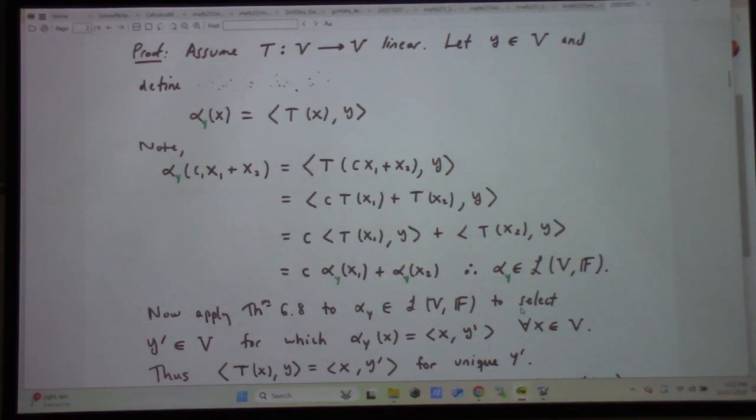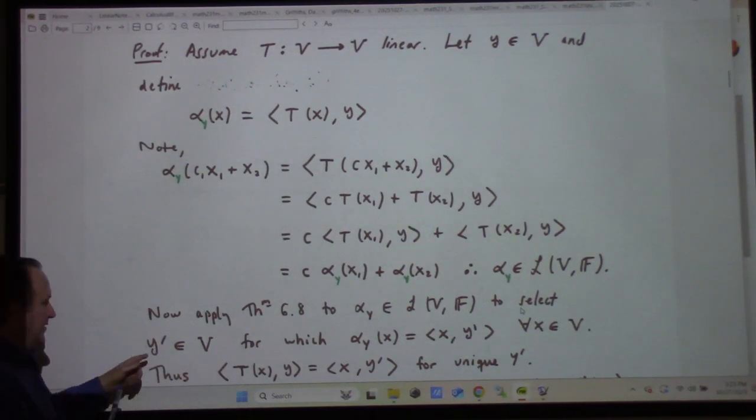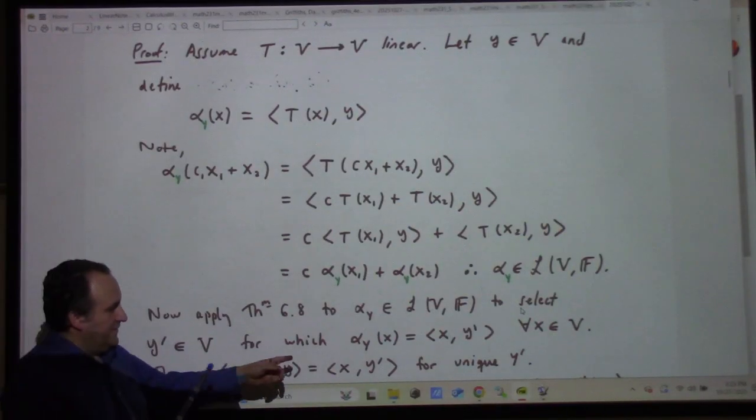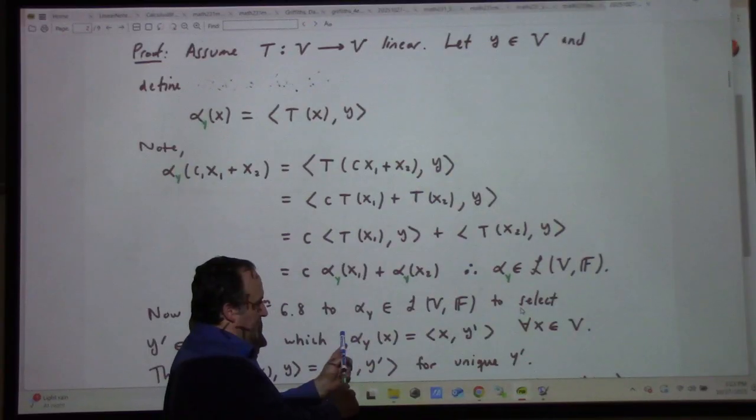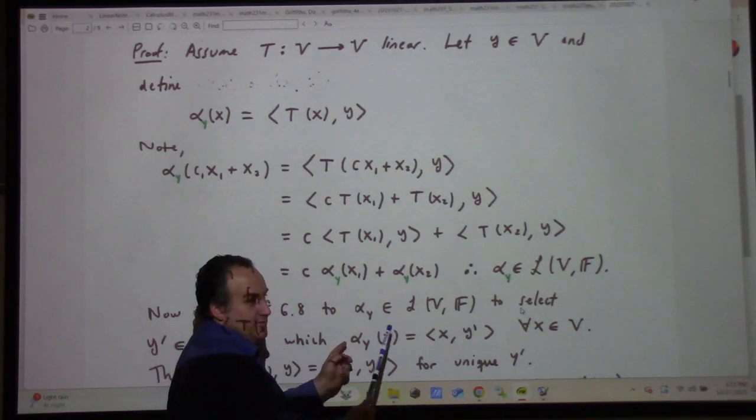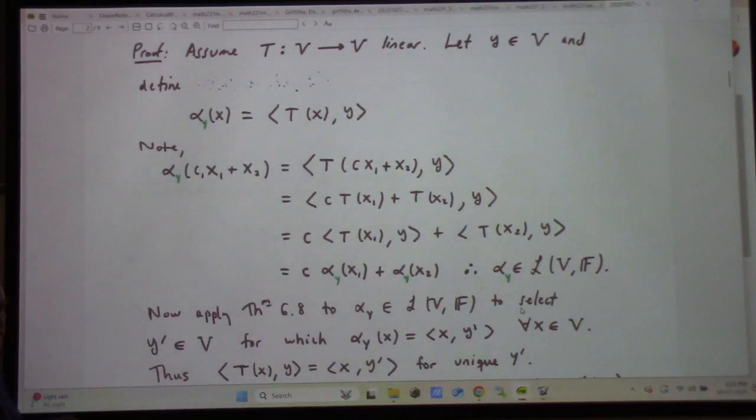All right, so now I have a linear functional, a linear mapping from the vector space to the field, so I can apply theorem 6.8 to select a y prime in V for which alpha sub y of x is equal to the inner product of x with y prime. Because remember, the previous theorem said that any linear functional can be realized as the inner product with a specific vector, which we could call the sharp of alpha sub y in my sharp notation, equal to y prime.